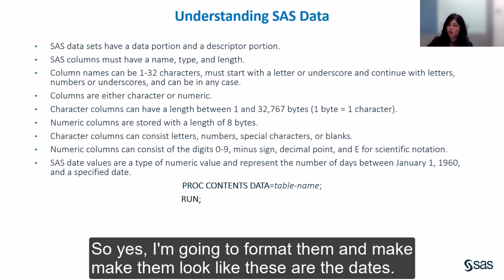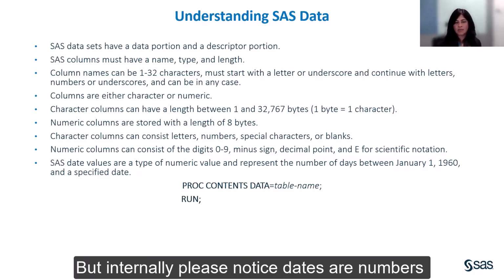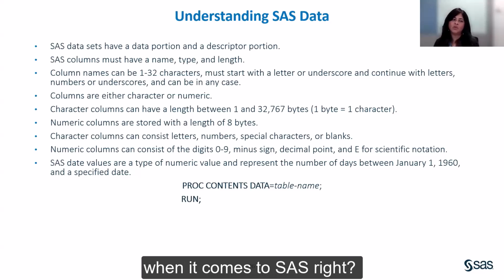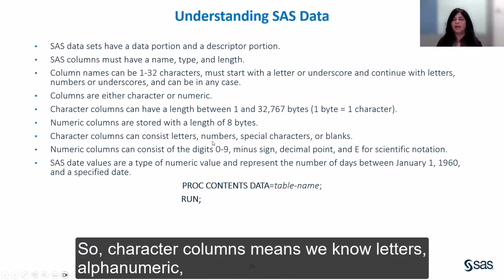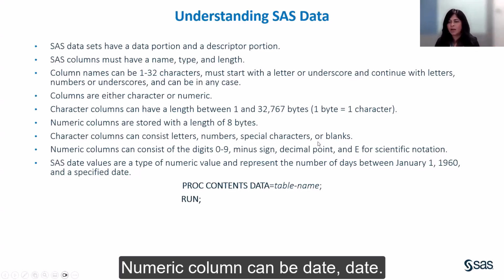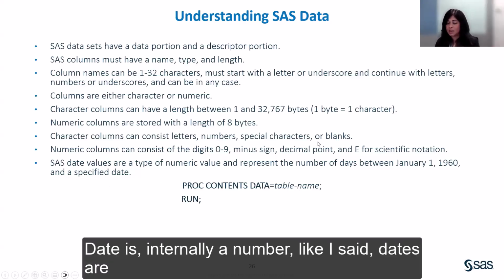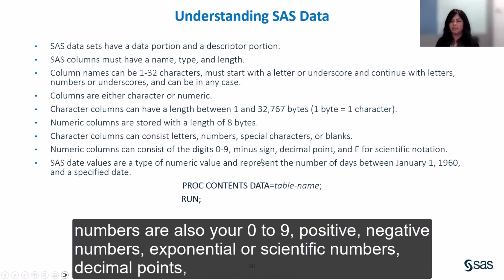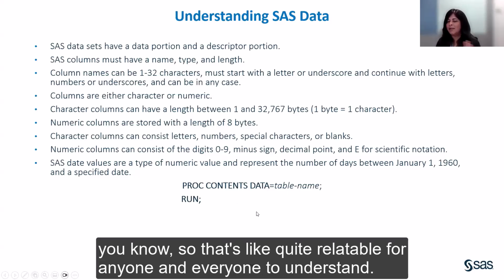Yes, I'm going to format them and make them look like dates, but internally please notice dates are numbers when it comes to SAS, right? Character columns means letters, alphanumeric, numbers, special characters, that's all character can be. A numeric column can be a date. Date is internally a number, like we said. Numbers are also your 0 to 9, positive, negative numbers, exponential or scientific numbers, decimal points. So that's quite relatable for anyone and everyone to understand.